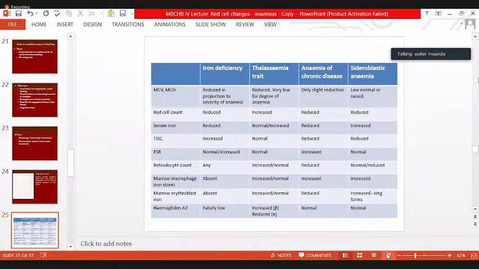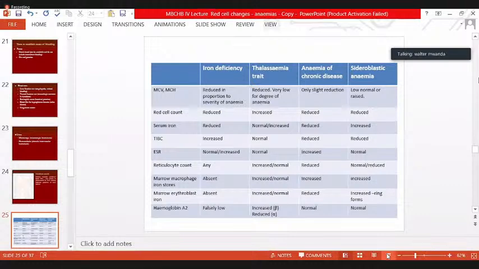Red cell count to some level may, whereby red cells tend to be increased in the thalassemias. Serum iron also may help to discriminate, but mind you, serum iron measures the amount of iron in circulation, which may not be very specific indeed.